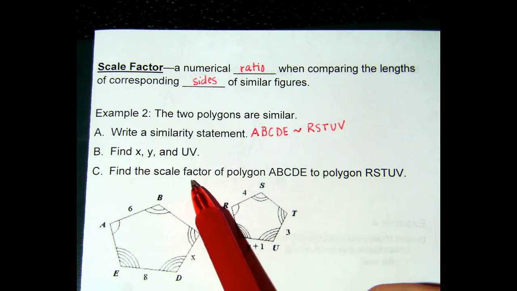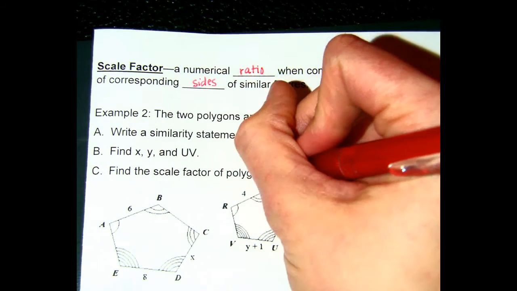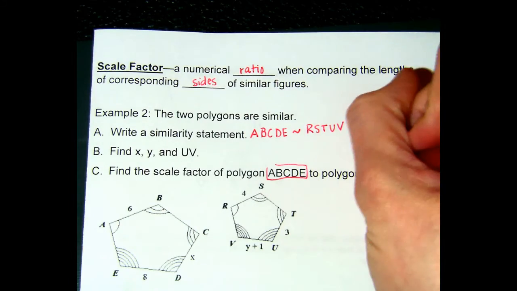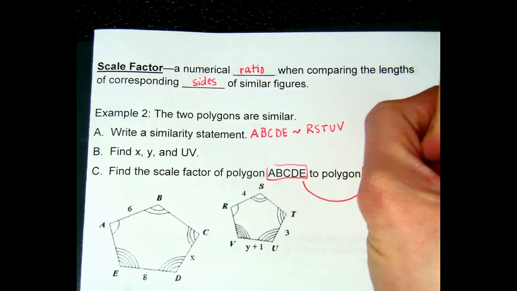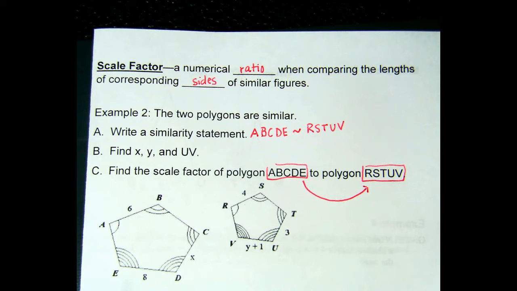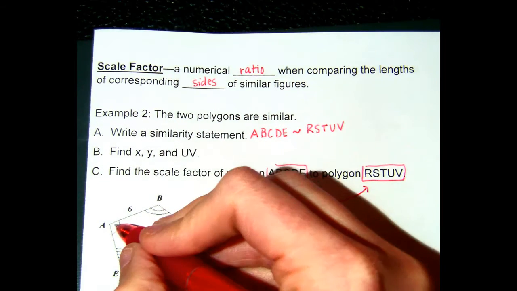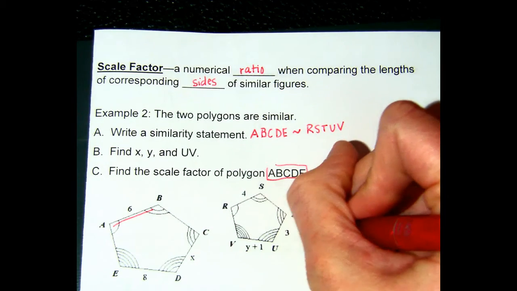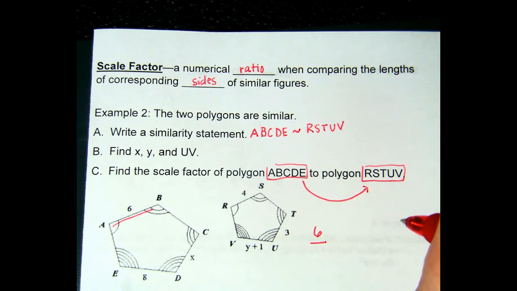Notice it says find the scale factor, which is going to help us, of ABCDE to RSTUV. That means we're going from the larger one to the smaller one. Larger to smaller means we are going to have a number bigger than 1. So the larger number, let's look at this side specifically, 6 over the smaller number, I said that backwards.